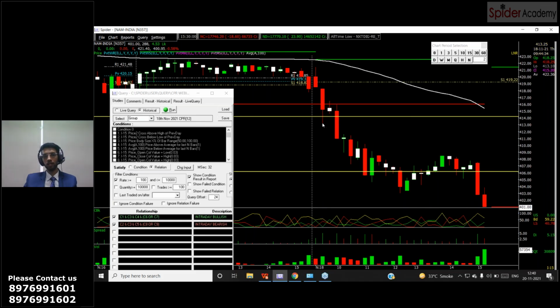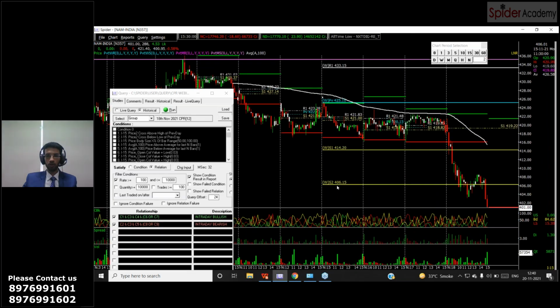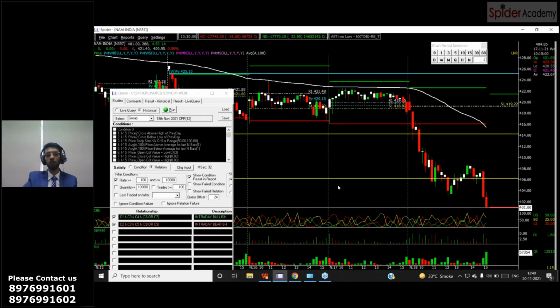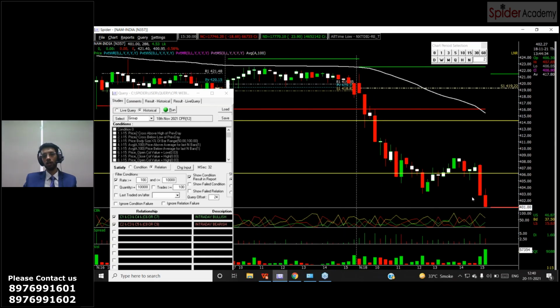Okay, we can easily take 5 rupees from this trade, and from the 413 entry, at this weekly support we can exit. But if someone wants to trail, he can book more because he is ready to take more risk.